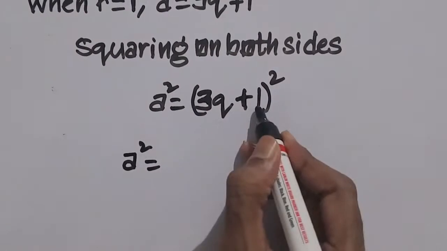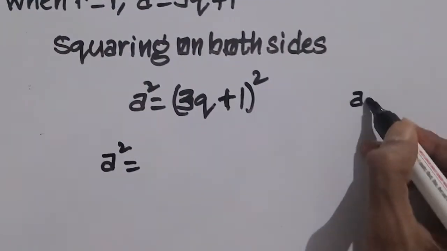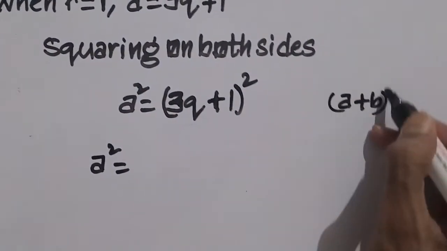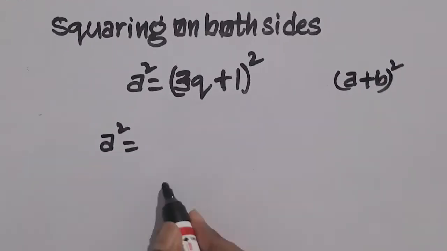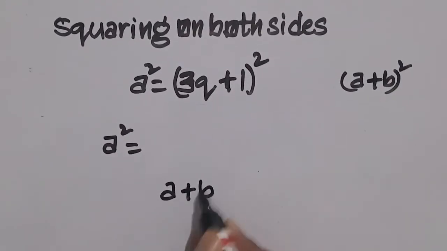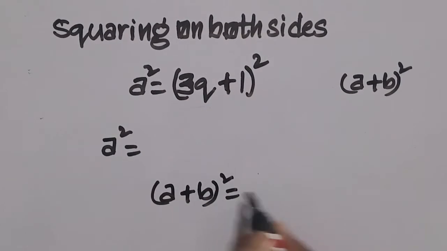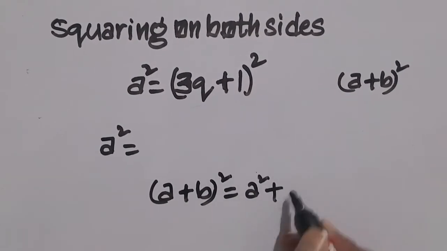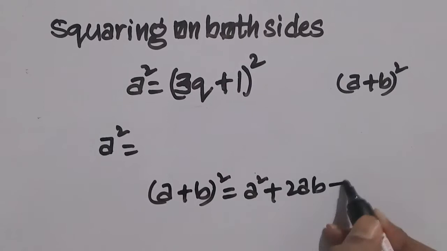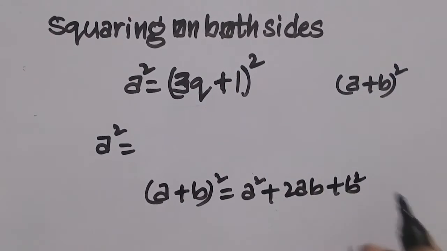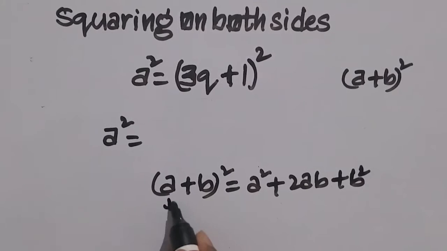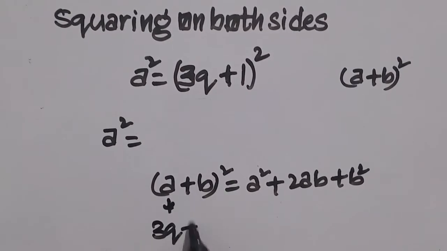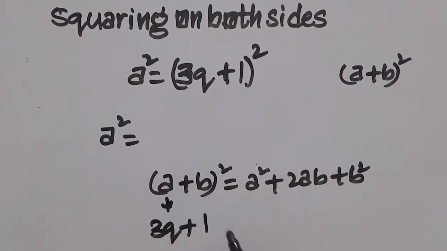But the RHS is in the form of a plus b whole square. I'll write the formula here: a plus b whole square equals a square plus 2ab plus b square. Now here a means 3q and b means 1.